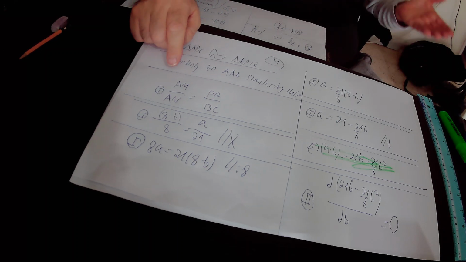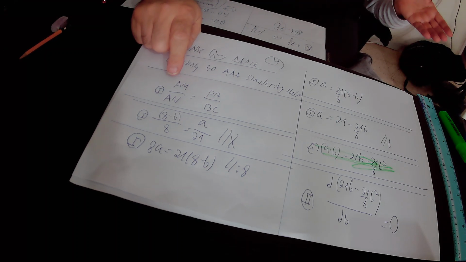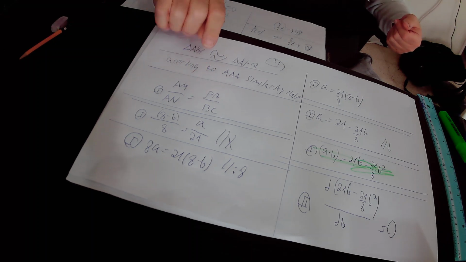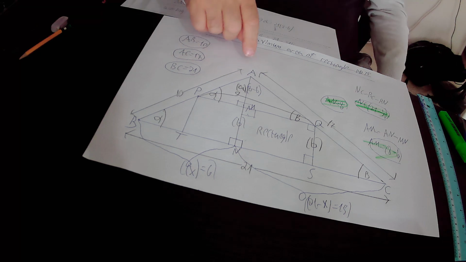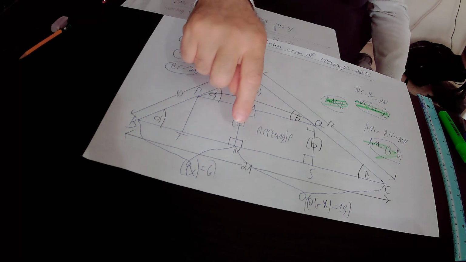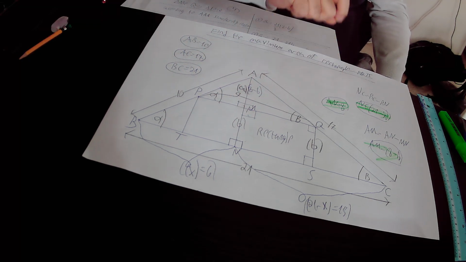So in conclusion, according to equation 1, AM over AN equals PQ over BC. But we have already found out that AN equals 8.